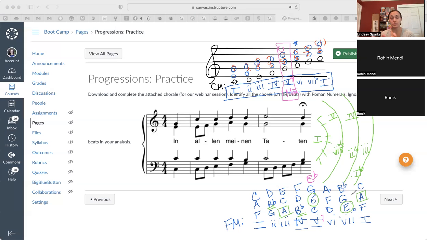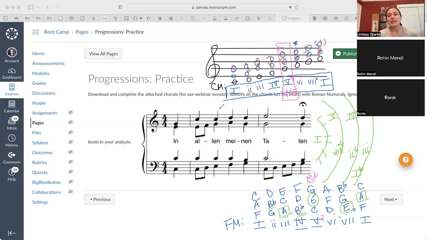We have a whole step between the 7th scale degree and the tonic. So if you see a half step, leading tone; if you see a whole step, subtonic.